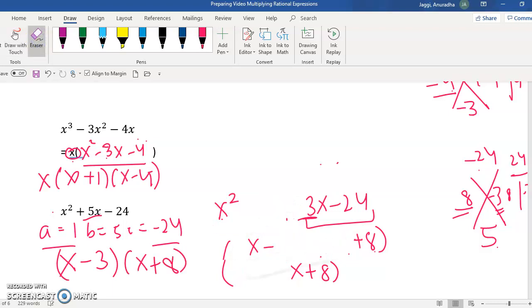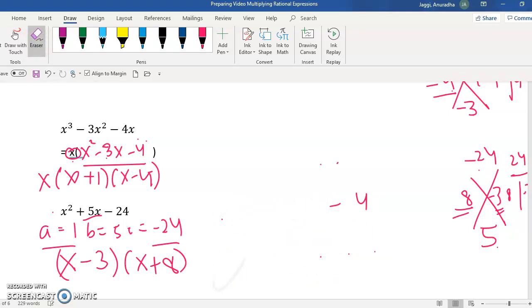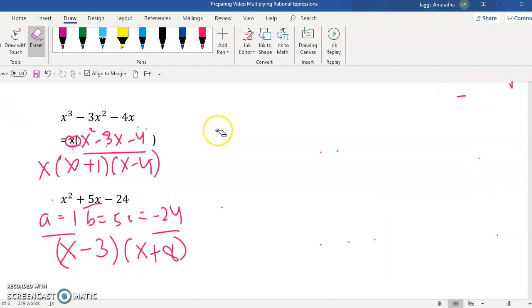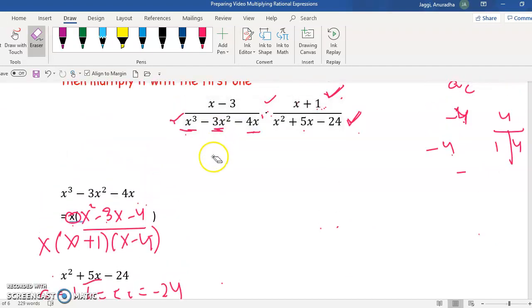Fine. Now I will just start the actual work, which is rewriting my rational expressions in the factored form. Okay, so you have x minus 3 here.